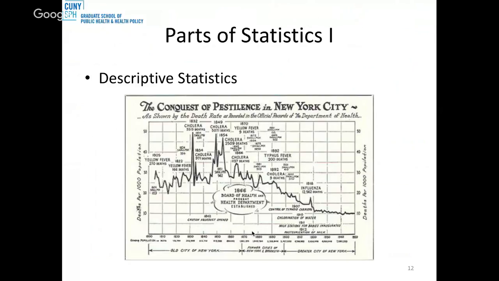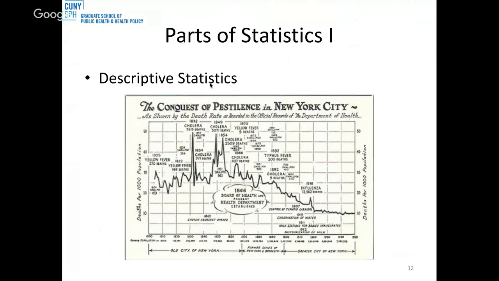from 1866 from here in New York City before there were computers. But this is a nice example of how, first, it is a very basic kind of plot. This is just a line plot. It is showing the number of deaths per 100,000 population over time.